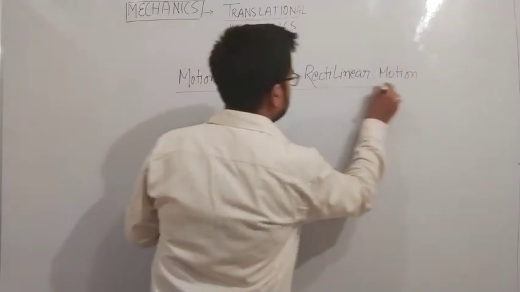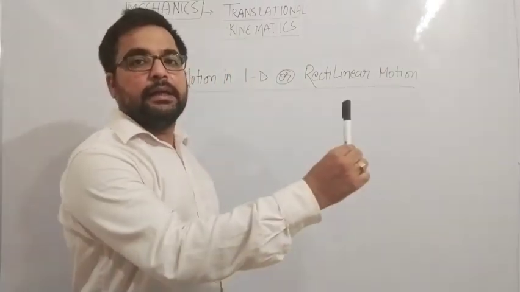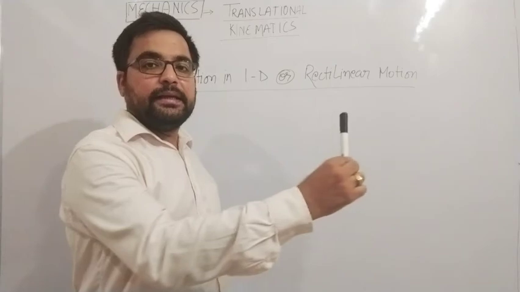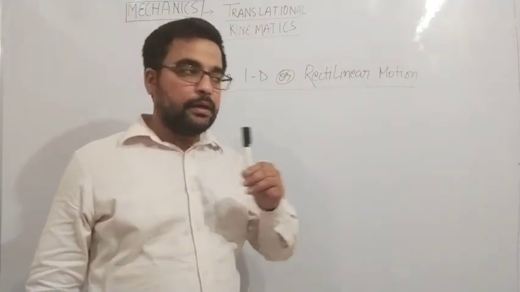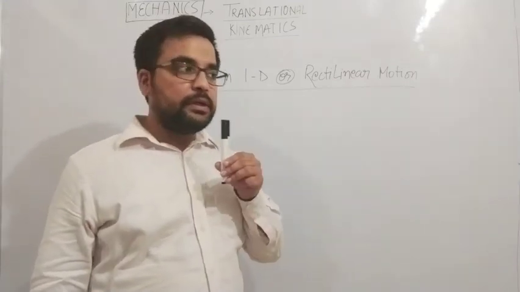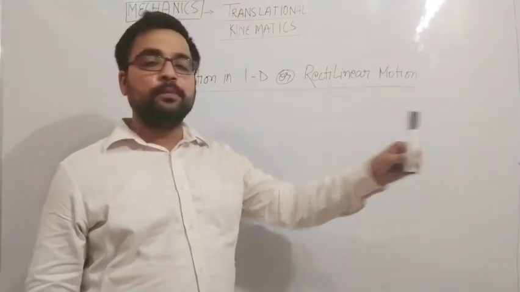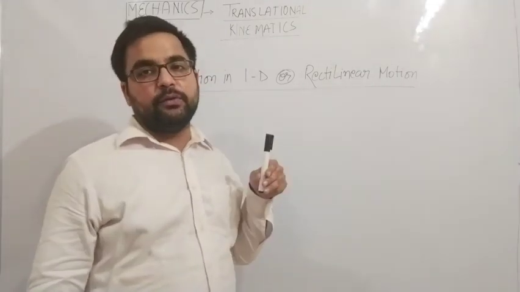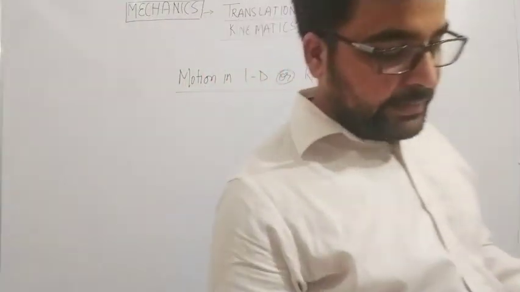The motion which is executed along a straight line. It is not necessary that the body is moving in one direction only. It can return also, but it will do so along that straight line only. That is called rectilinear motion.